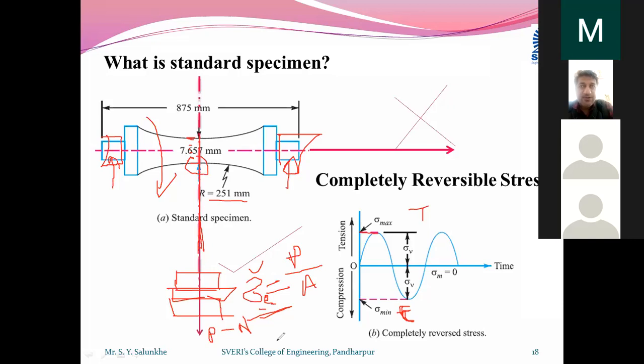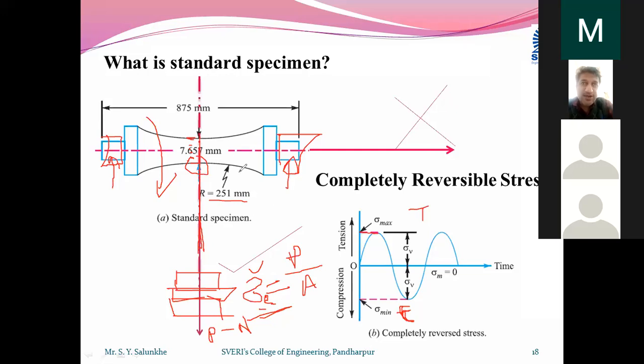And that value, can you guess what that value will be? As soon as you apply the load, the specimen will fail, not with fatigue failure, but with regular failure, as happens in a tensile test. Can you just guess what that value will be?